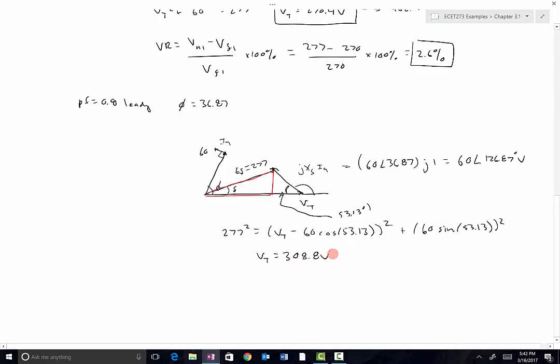And then to convert that to a line-to-line quantity, I need to multiply by root 3. And so that's equal to 534.857 volts line to line. So that's an interesting effect, is that for a generator loaded with a capacitive load, the output voltage actually increases.